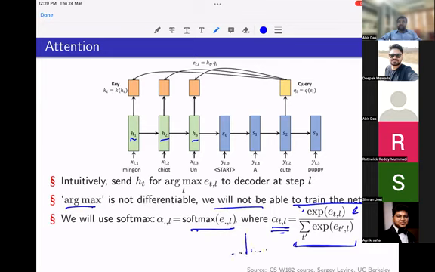So as you have one single highest score, it will tend to the hard max or the argmax.